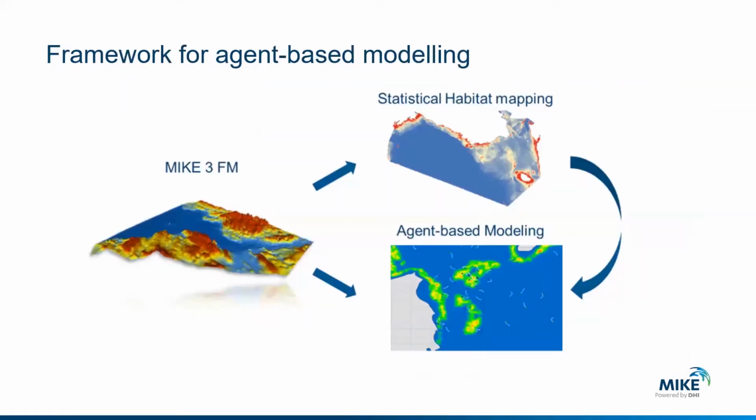Within the Mike framework developed here at DHI, we have a tool called Ecolab, or ABM Lab, which is embedded within the Ecolab tool, which is then embedded in the Mike software. So it's something within something within something. But the benefit of this ladder, where everything is embedded into each other, is that it's also very well integrated.